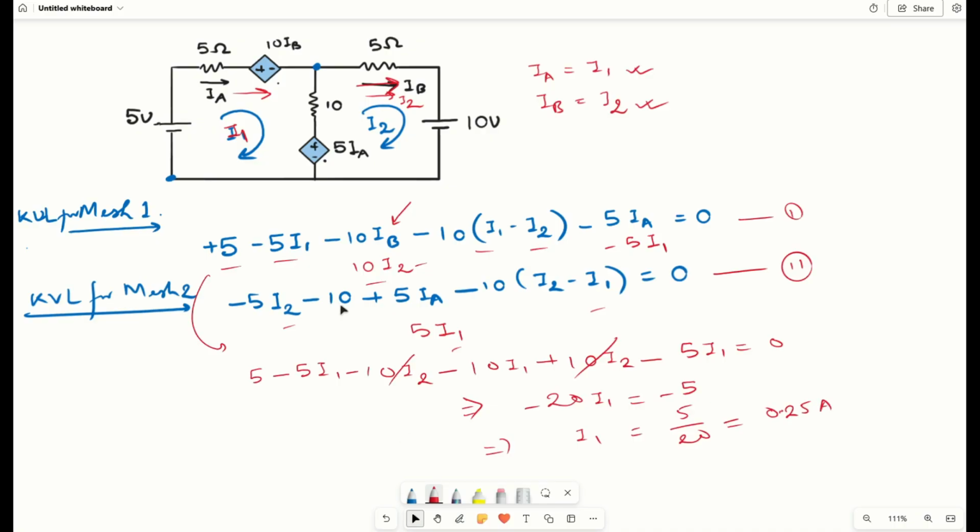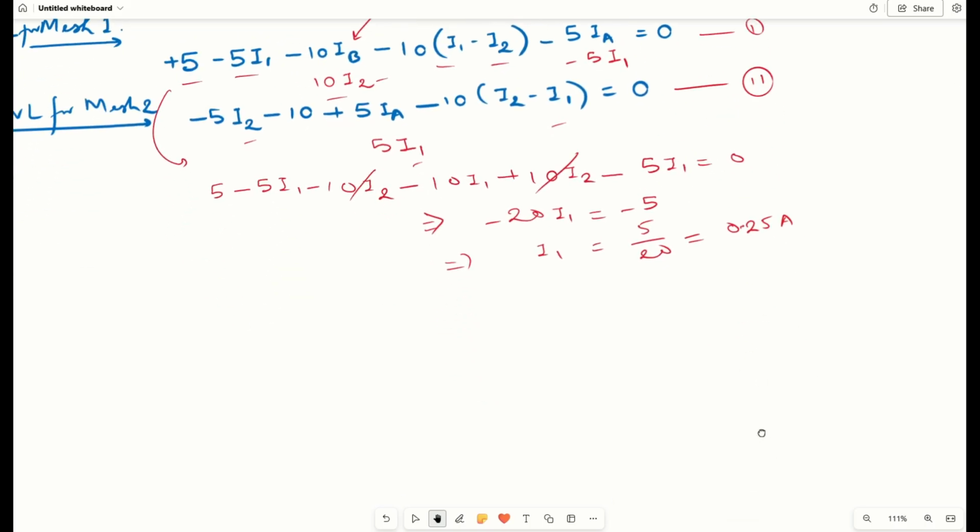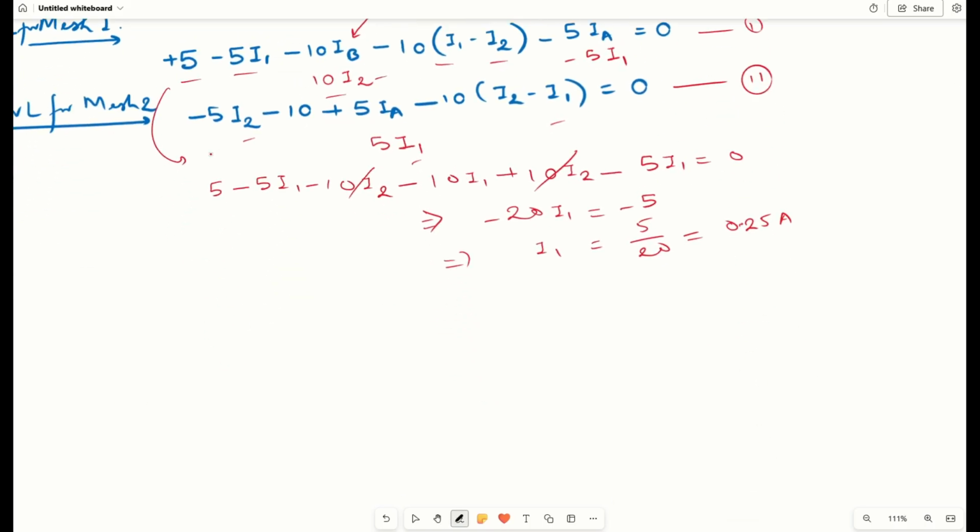Okay, now similarly if we solve the second equation, then we will be having, as you can see here, minus 5 of I2, then 10 minus 5 of, so this is plus 5 of I1, then minus of 10.